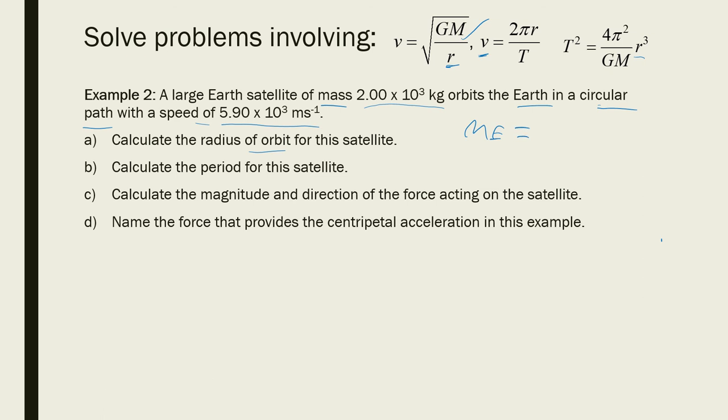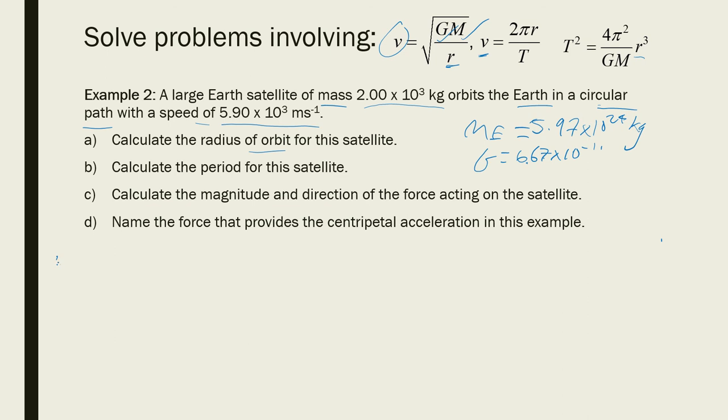The mass of the Earth was 5.97 times 10 to the 24 kilos. So we know the mass of the Earth, we know the universal constant, 6.67 times 10 to the minus 11, and we know the speed.